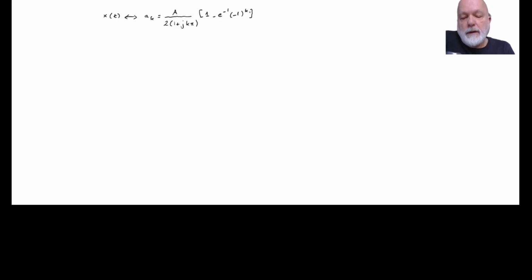Okay, now remember that the even part of x of t is obtained by x of t plus x of minus t divided by 2, and the odd part, maybe it is better to write this as x even and x odd.